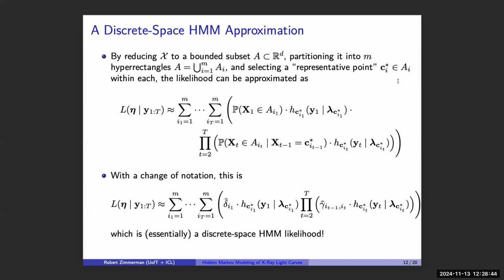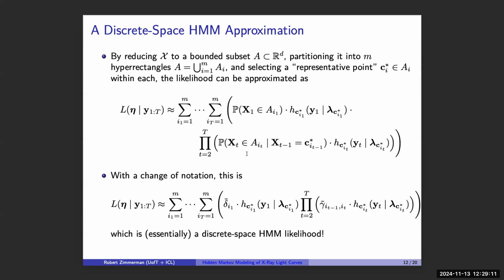Then we can approximate that continuous space likelihood by this. We still have the same probability of being inside. So now you can think of a discrete state as being the state of being inside one of these A_i's. So now we have m states, in quotes, where the ith state is the event that we are inside A_i.